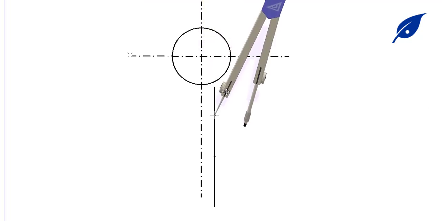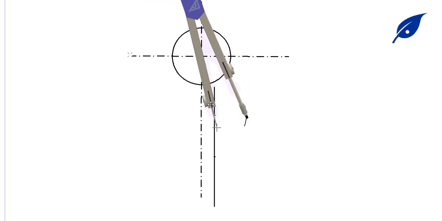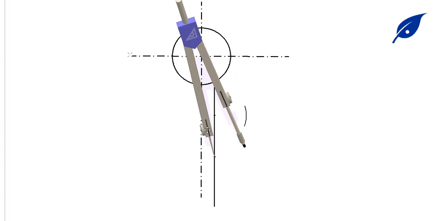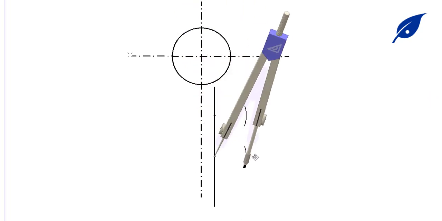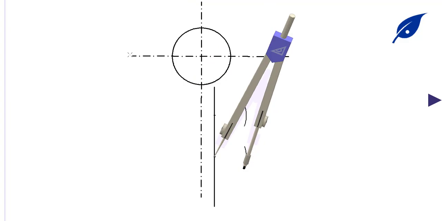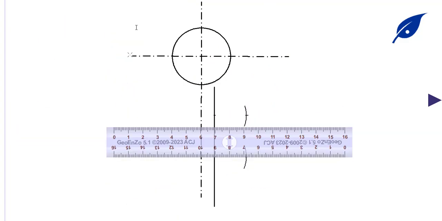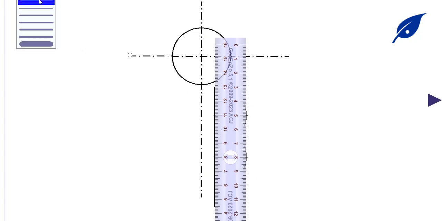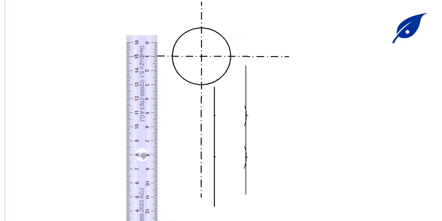So we'll produce a parallel line to the given straight line, which will extend in order for us to get the tangent to the circle. After doing this, we'll produce this parallel line with an arc of radius 22 mm from each of these points.